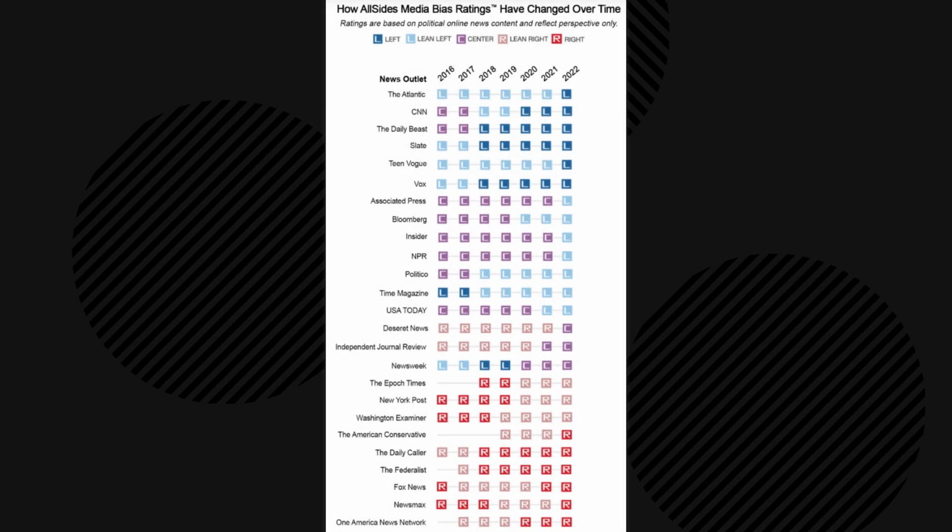Also, All Sides looked at how political bias of news websites has changed over time, as many of the websites they've rated have been rated many times over the years. It turns out that many news websites have moved to the left since 2016.